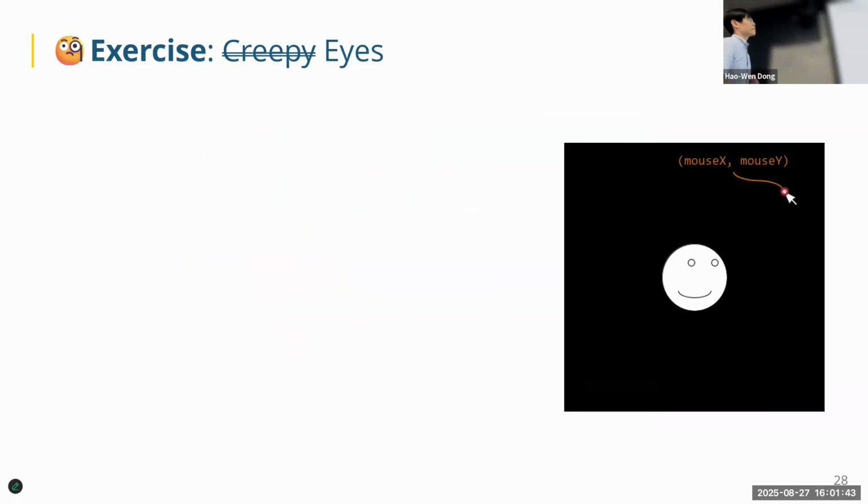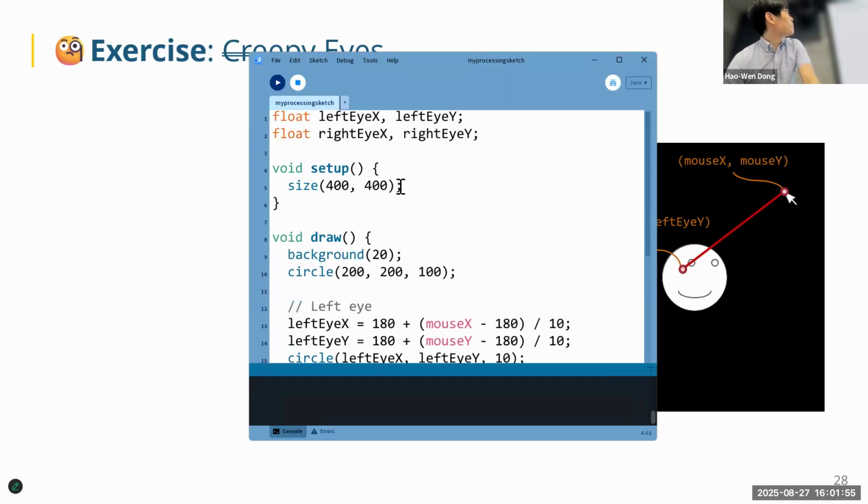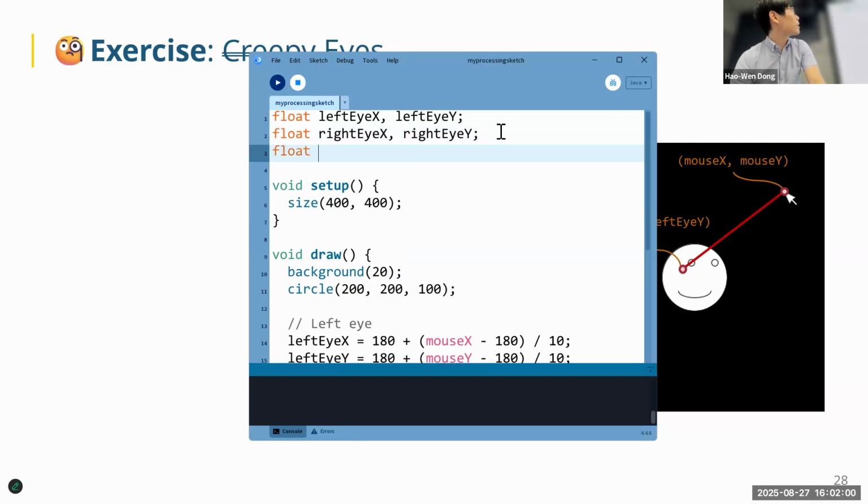Cool. So yeah, this is an animation of that. So you have mouse X, mouse Y, left eye Y. This is the way we write it, but a better way is that you can also set the original left eye X. You set it to 180 and you set the original left eye Y to 180.